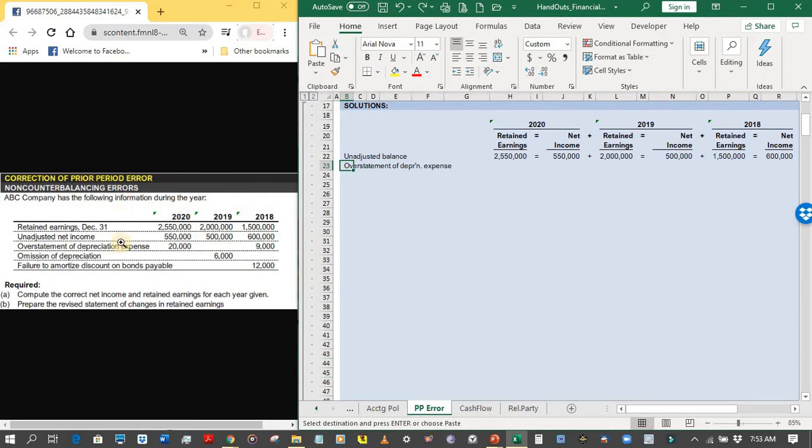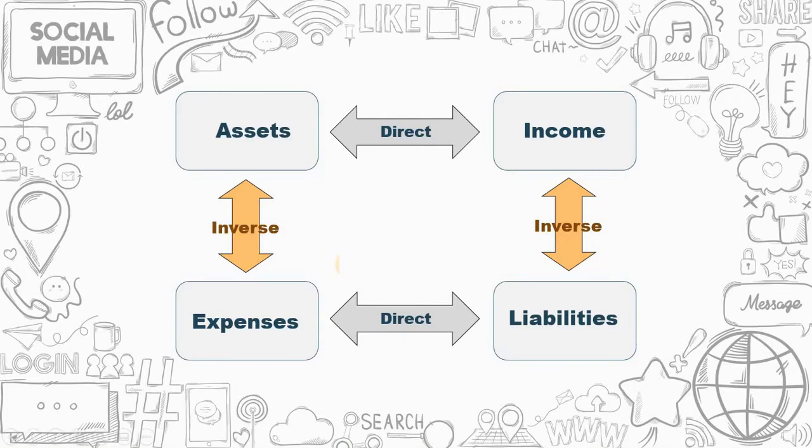Based on the problem, we have two errors related to the overstatement of depreciation expense. Let us start with the 2018 error. That is an overstatement of 9,000 pesos. The relationship between depreciation expense and net income is inverse. So if the depreciation expense is overstated, the net income is understated.